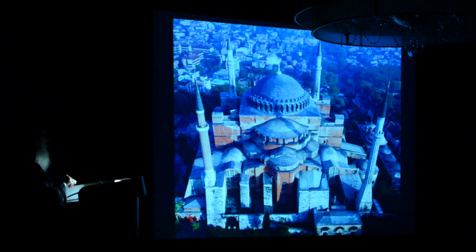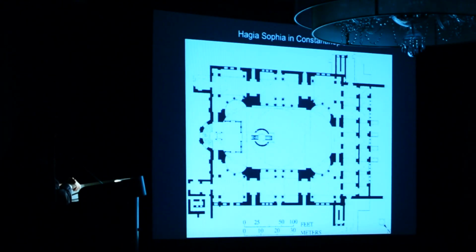If you have been there, I'm sure most of you, you can see how they could do that without having columns directly underneath supporting it. They managed to transfer the weight from one level to the next level and disappear the side. So the inside looks like that.